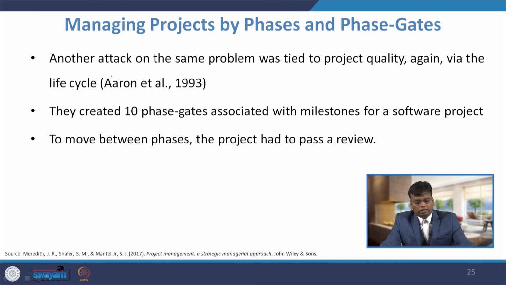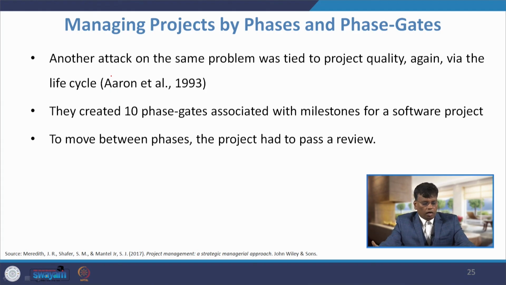Another attack on the same problem was tied to project quality, again via the life cycle. So, what will happen when you break the project into different phases? Achieving quality may be one of the problems. So, what we can do is, in every stage, manage that it is meeting the quality.